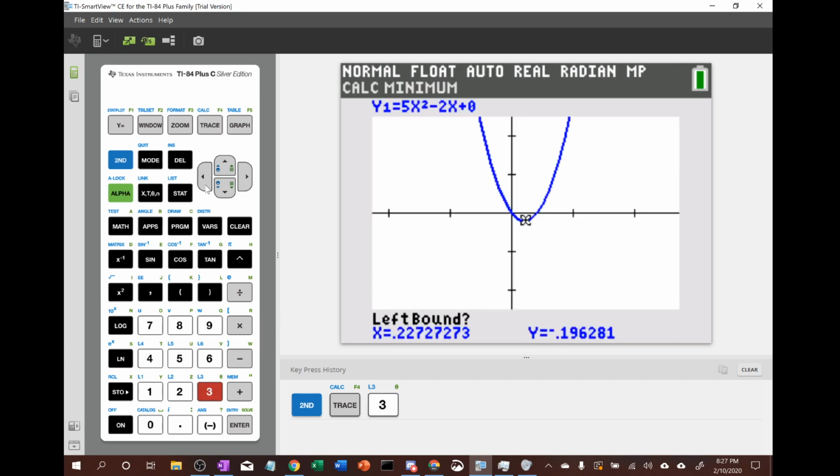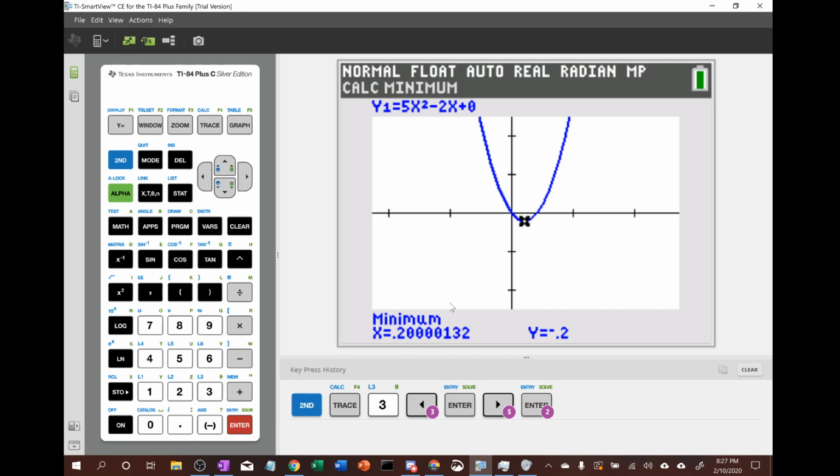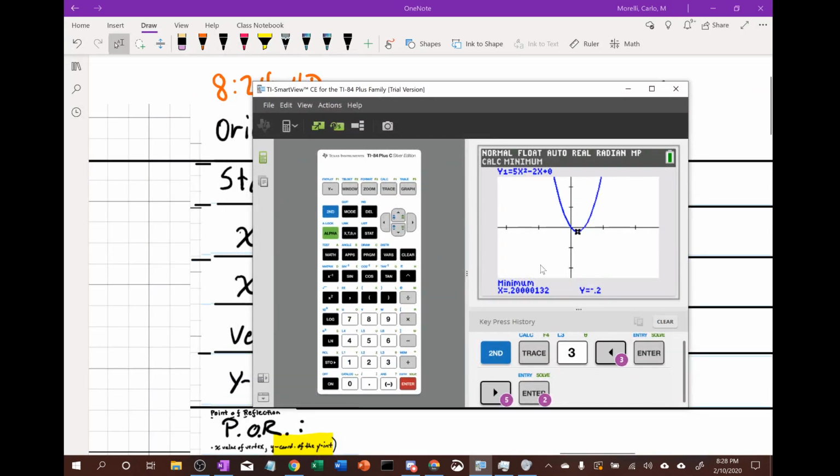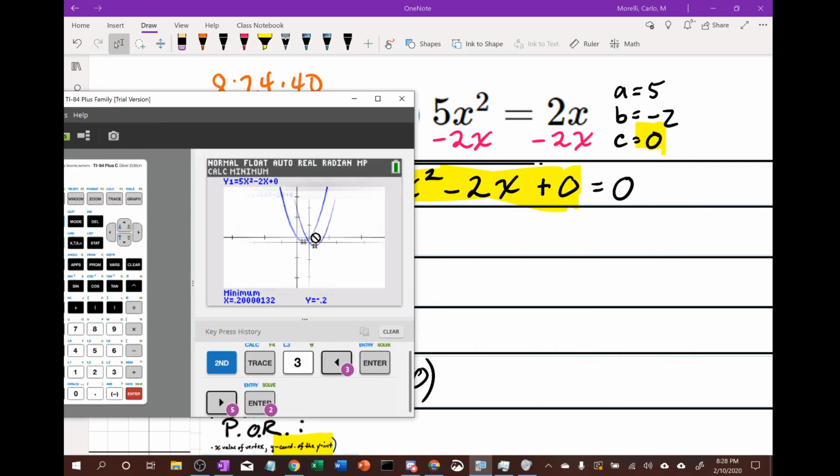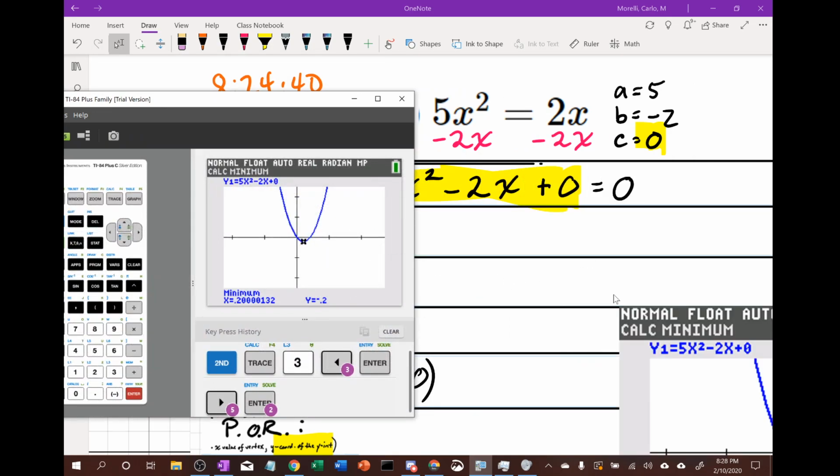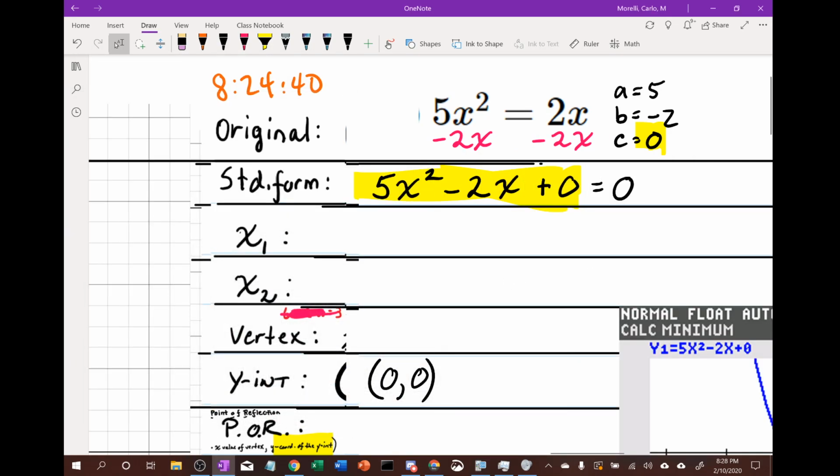Yep. So we're looking at the minimum, left bound, right bound. There it is. You guys see it?